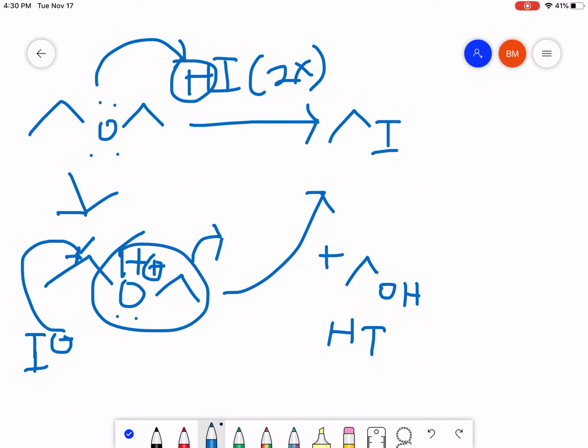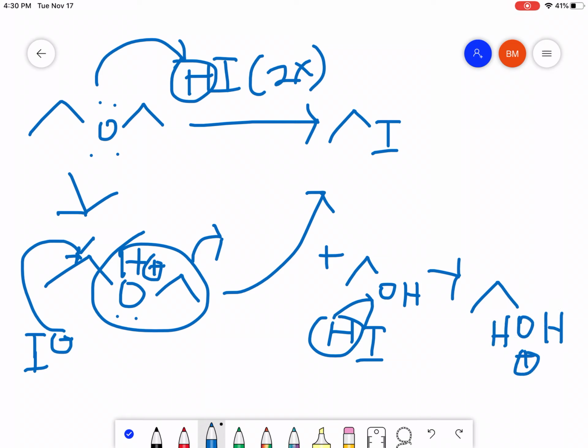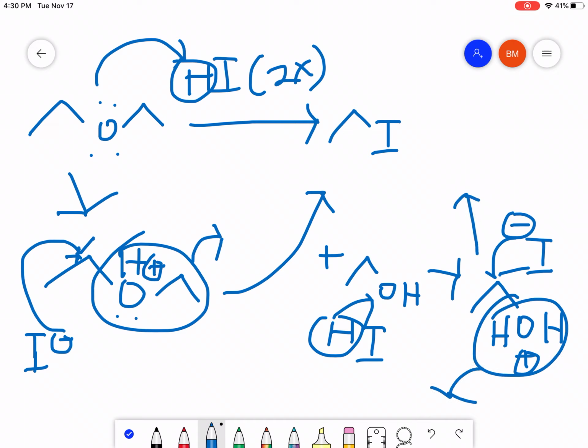So you have another HI that comes in. It protonates your alcohol. And then that other I- that's left over will come in, attack that carbon, kick off water, and it produces another molecule of your alkyl iodide.